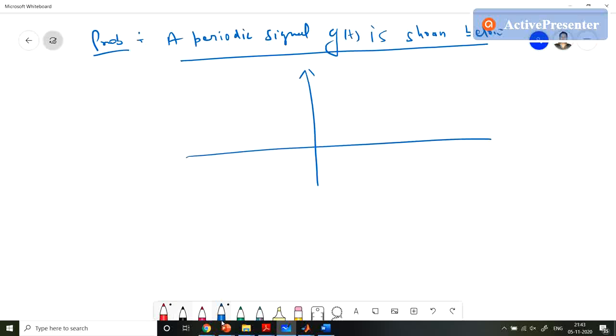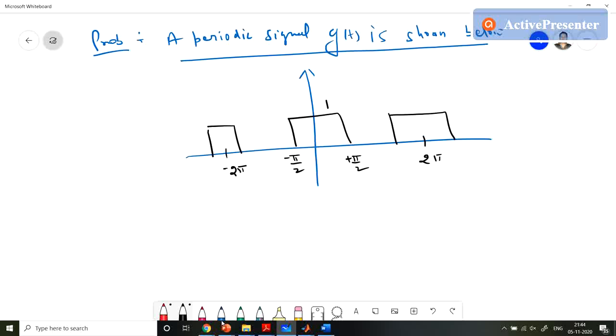Let us draw this signal. It is from minus pi by 2 to plus pi by 2 is 1. Then it is periodic, so it is repeating after 2 pi.